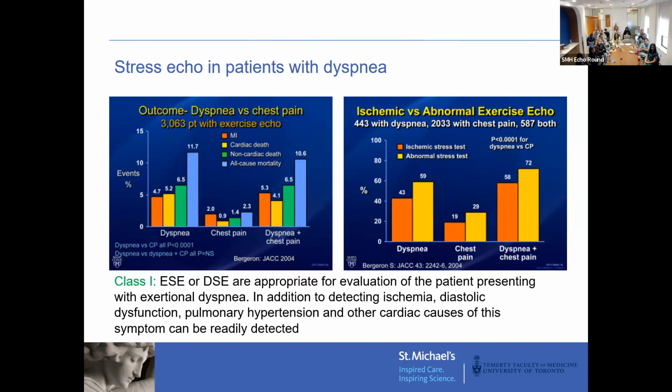Stress echo in particular can be especially beneficial in these patients, not just in understanding ischemia, but also in looking for things like diastolic dysfunction, exercise-induced pulmonary hypertension, and exercise-induced valvular changes, all of which could be a reason why they become dyspneic with exercise. So exercise stress echo is a very helpful test in patients with unclassified exertional dyspnea. The ASE talks about how exercise stress echo and dobutamine stress echo are appropriate and in fact recommended for those presenting with exertional dyspnea. It's a class 1 indication.